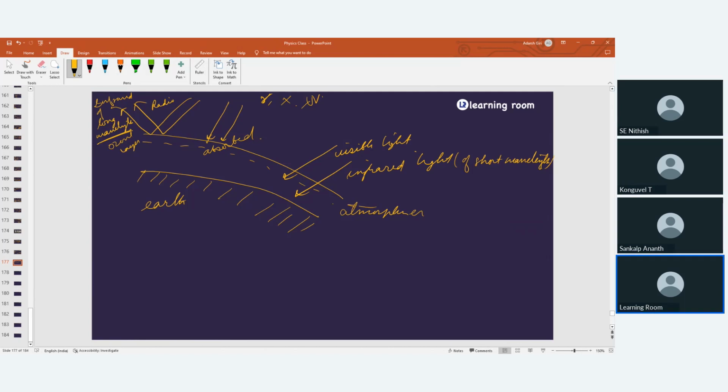The gases which are good absorbers of long wavelength infrared are called greenhouse gases. Gases which are good absorbers of infrared radiations of long wavelength.